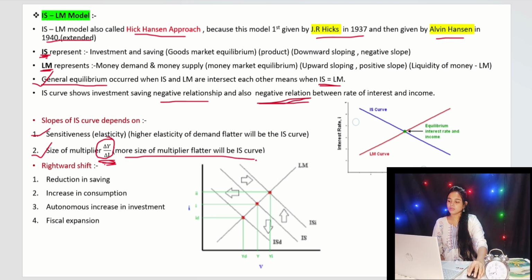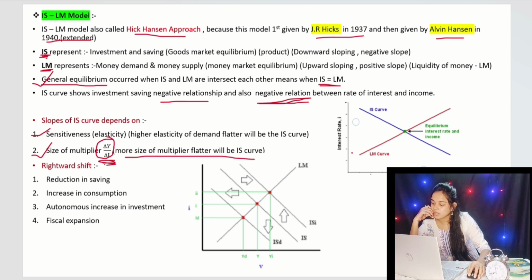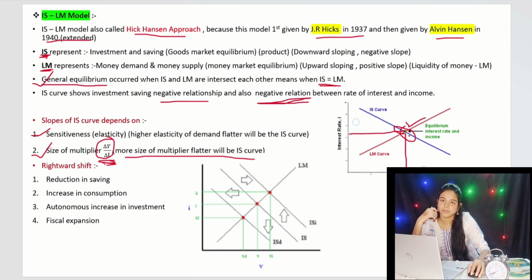In this diagram, when the IS curve and the LM curve intersect each other, then the equilibrium level of interest rate and the equilibrium level of income are determined. So this point is called the general equilibrium, where the goods market and the money market are in equilibrium.